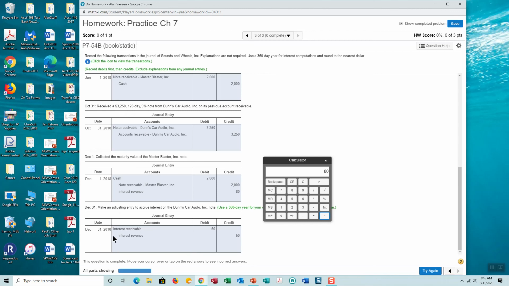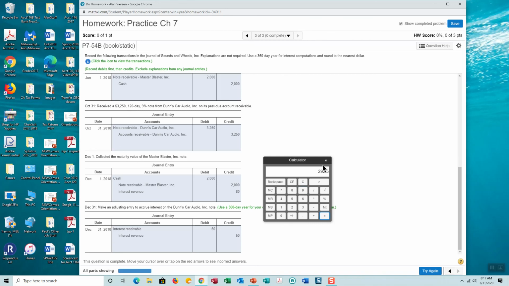And then the last one is just another adjusting entry. Here we go, it's December 31st. We have this outstanding note for $3,250, so we have to make this adjusting entry. This is something I want to show you real fast. This is $3,250, times the interest rate of 9%, so times 0.09.